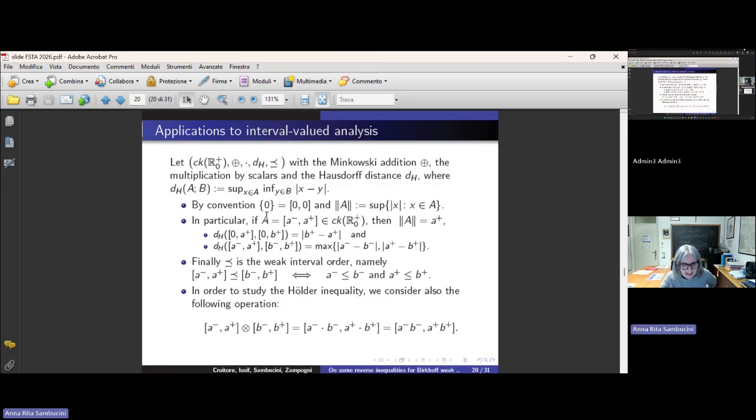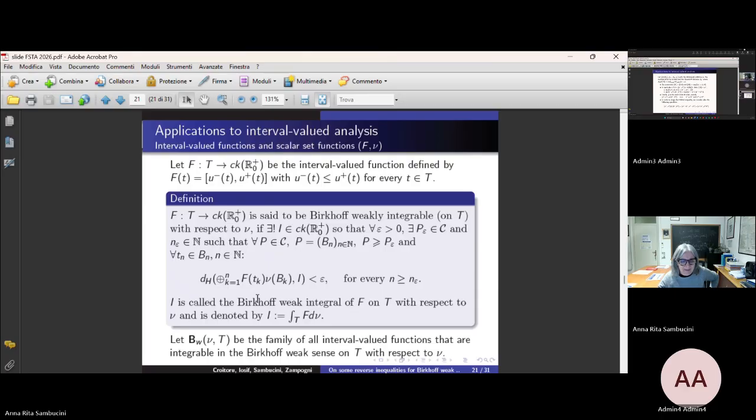Now, let me turn to interval analysis, which is an important field with many applications. We consider the family of closed bounded intervals of the half line endowed with the Minkowski addition, the multiplication by scalar, and the Hausdorff distance. And we consider also the weak order interval, which is well known in interval analysis, and the multiplication by interval in such a way.